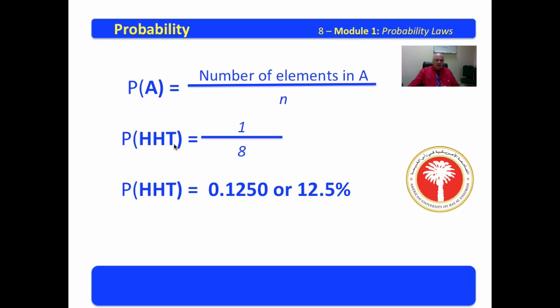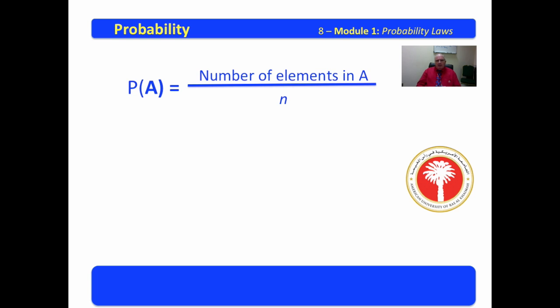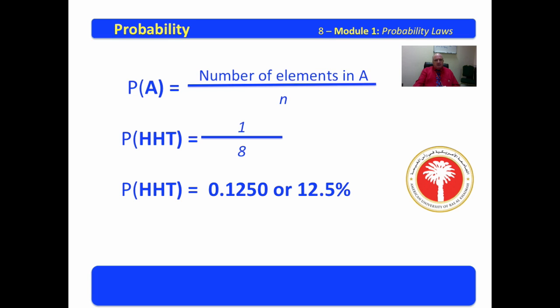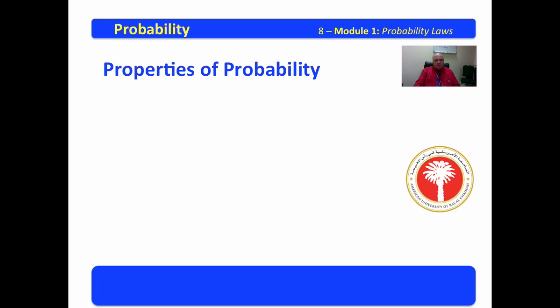So in this particular experiment, the probability of getting heads, heads, and then a tail is 12.5%. The probability of A is always equal to the number of elements in A divided by n.